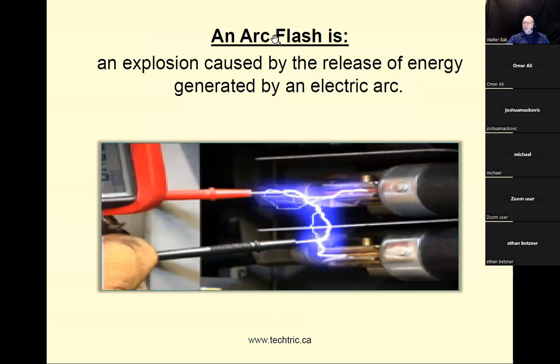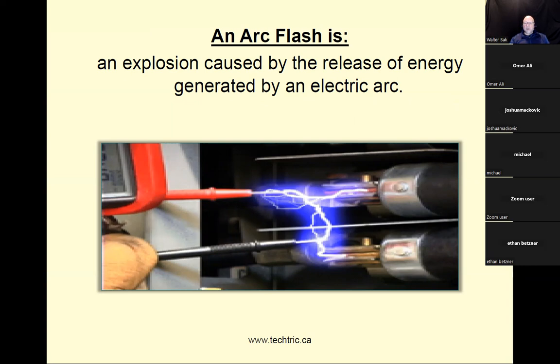An arc flash is an explosion caused by the release of energy generated by an electric arc. An arc is a jump of electrons between two potentials, a sudden jump of electrons. Sometimes we can use the arc to our advantage.